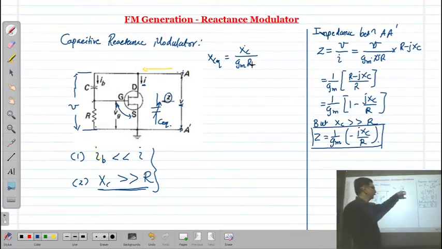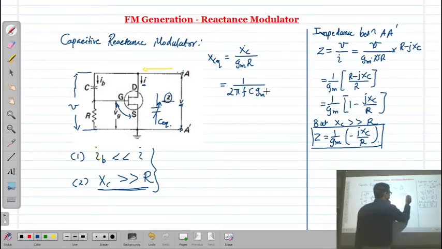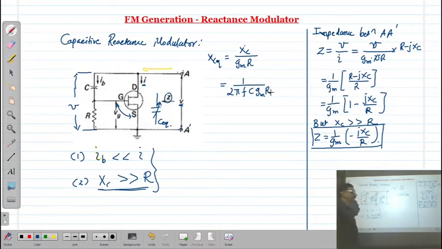This indicates that XC by R is there, so it is totally a capacitive reactance. So the capacitive reactance can be written as X equivalent equal to XC divided by Gm into R, and XC is 1 upon 2 pi f C. So X equivalent is 1 upon 2 pi f C Gm R. So this is the equivalent capacitive reactance.